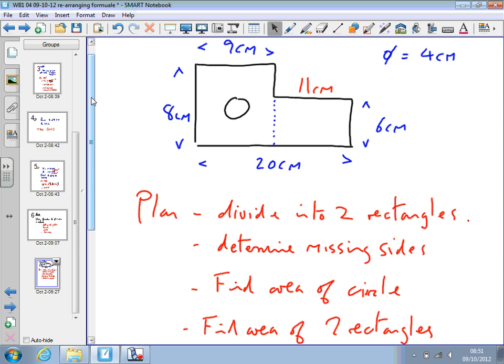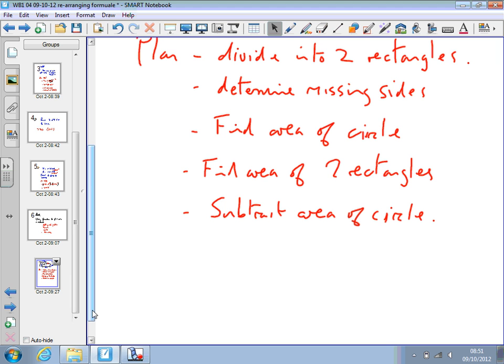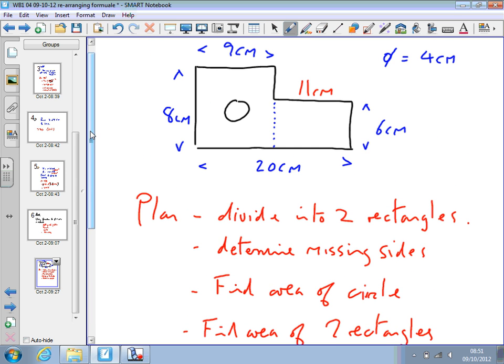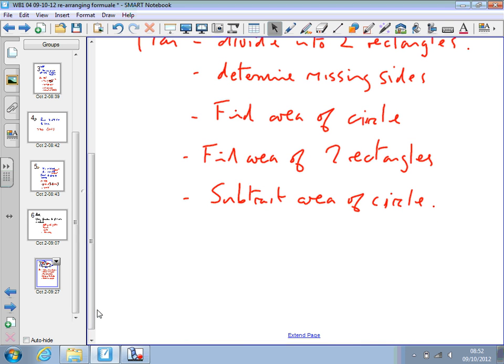So now we can find the area of a circle. We've got the formula for the area of a circle. So maybe as an aside now, we'd say, right, okay, area of rectangle 1. I'd possibly label them. This is rectangle number 1. This is rectangle number 2. So I can then find area of 1, area of 2.